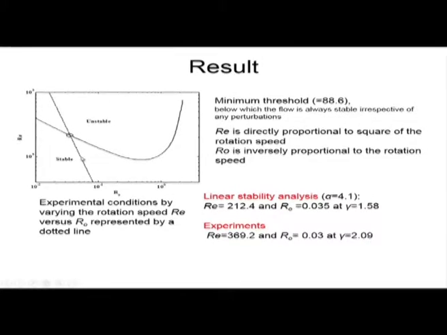Beyond this it is unstable and below this it is stable. You can utilize the regime beyond this curve to get instabilities and trigger good mixing, and that can help you achieve rapid reactions on a rotational platform.